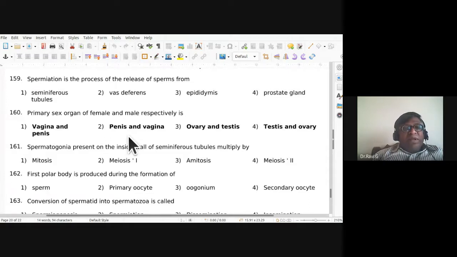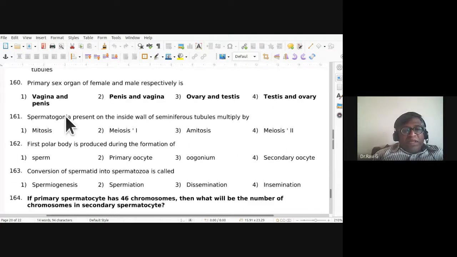160th, primary sex organ of female and male respectively is... The primary sex organs or reproductive organs of female and male respectively are ovary and testis. So third one is the correct option. 160th, third one is the correct option.